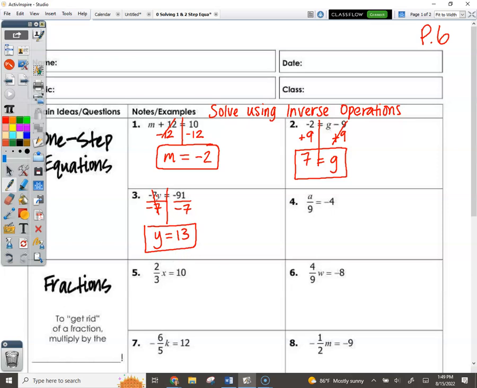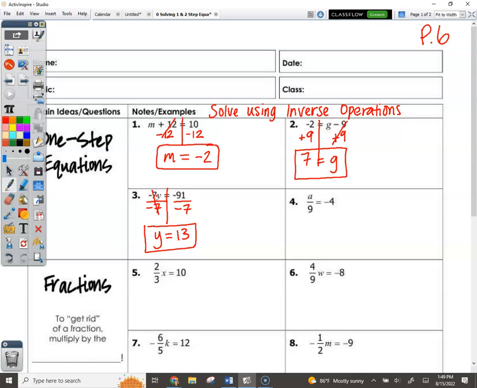Number 4 might look a little tricky because it has a fraction. Please learn to embrace fractions. All it is is a number divided by another number. So that says A divided by 9. What is the opposite of divided by?